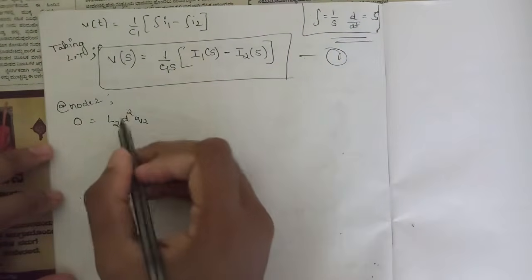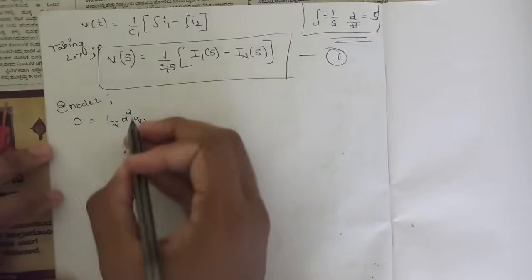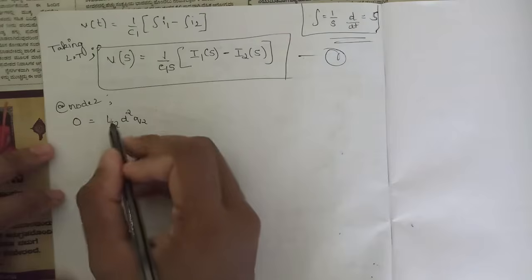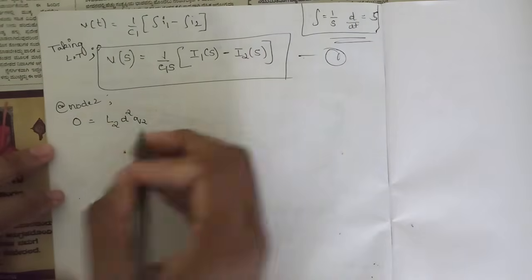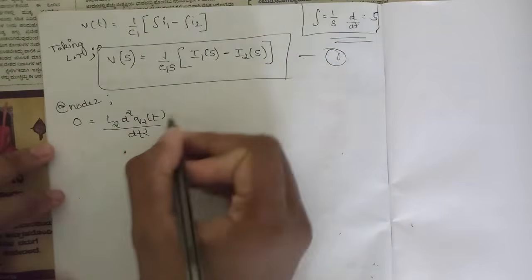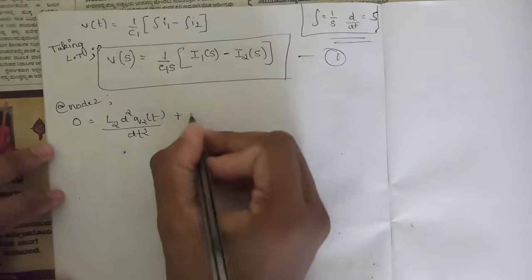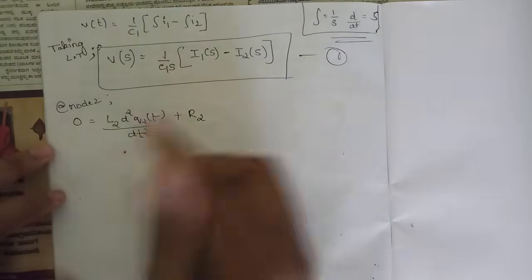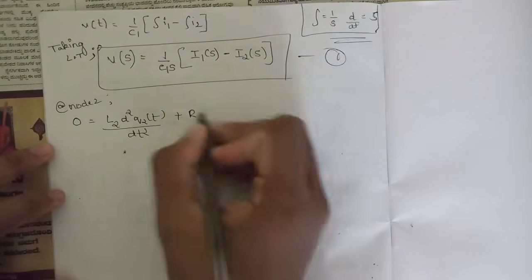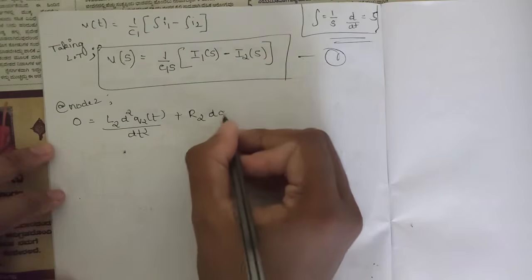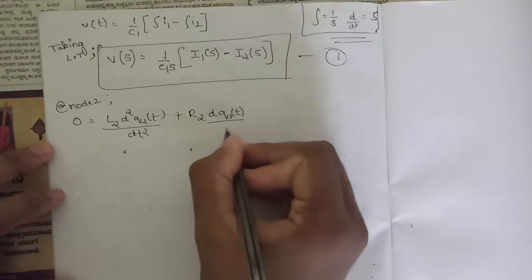Since we had M2 here, we know that M is replaced by L. So M2 is replaced by L2, and we get L2 into d square Q2 of t divided by dt square, plus R2. Since we had B2, B2 is replaced by R2, so R2 into dQ2 of t by dt.